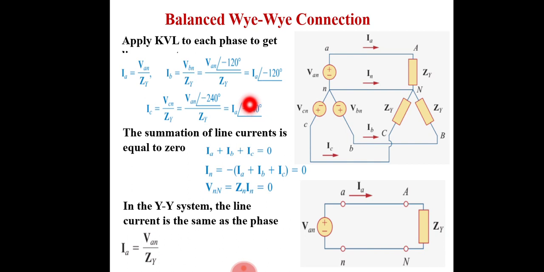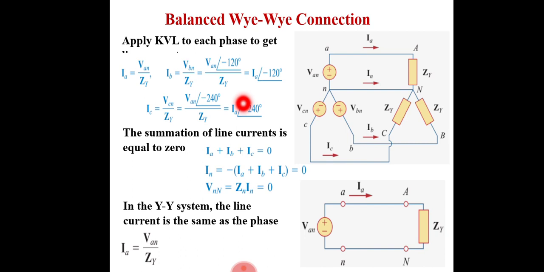So IB is equal to VBN divided by ZY, which is equal to VAN with angle minus 120 degrees divided by ZY. Now VAN divided by ZY is equal to IA. So IB is equal to IA with angle minus 120 degrees.